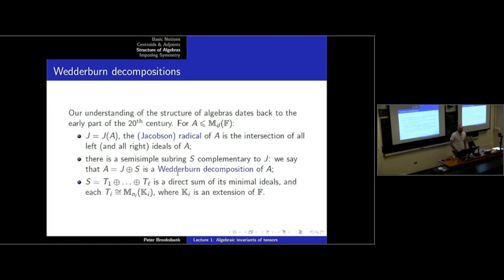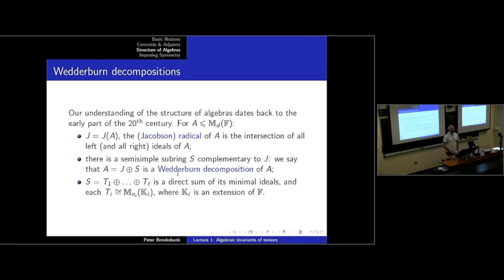The radical you can think of as the intersection of all of its left ideals. You can also think about it equally as the intersection of all of its right ideals. That turns out to be an important thing a little bit later on, so I can store that piece of information. But if you intersect all of the left ideals, or the set of right ideals, then you get this thing called the Jacobson radical.